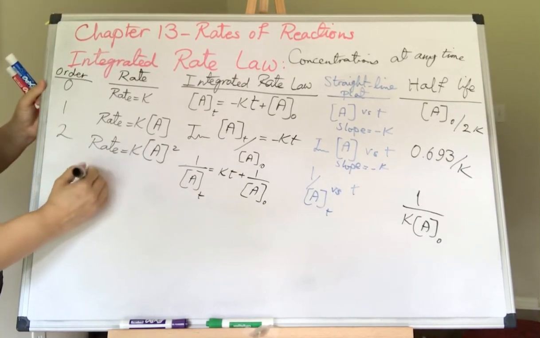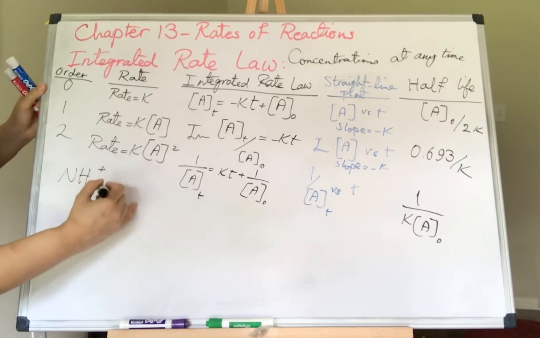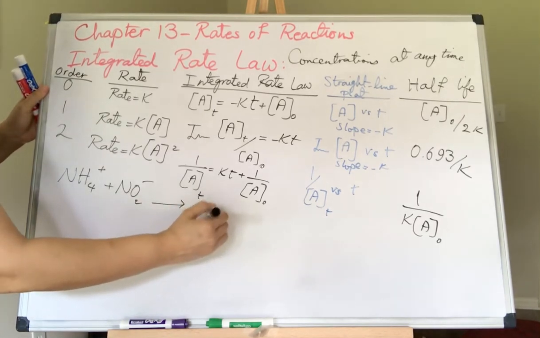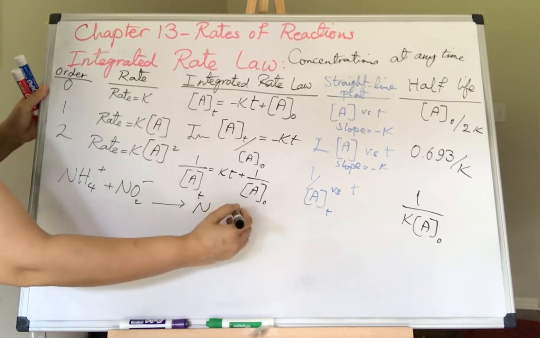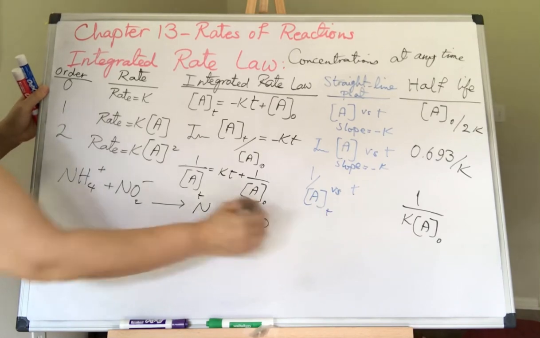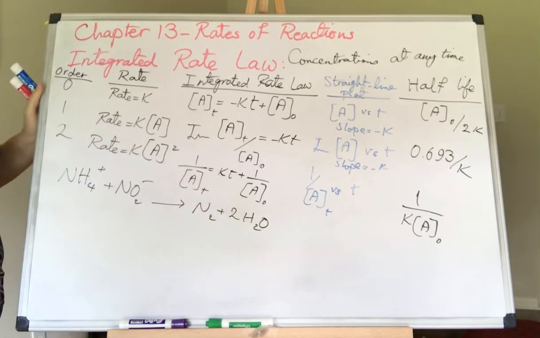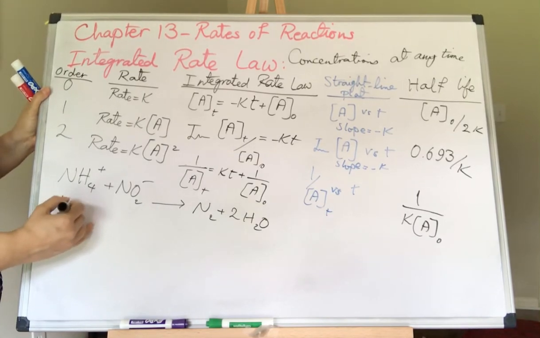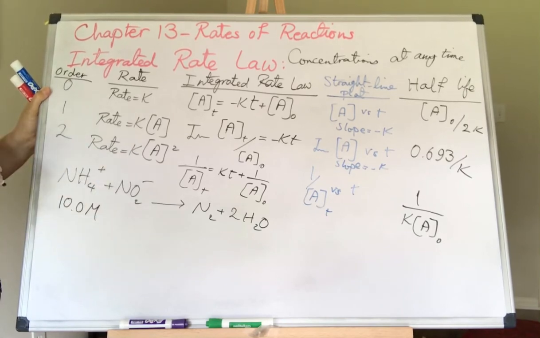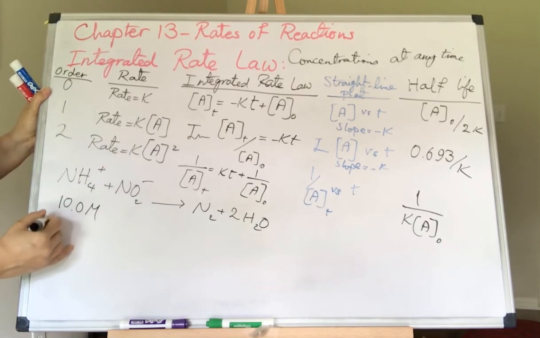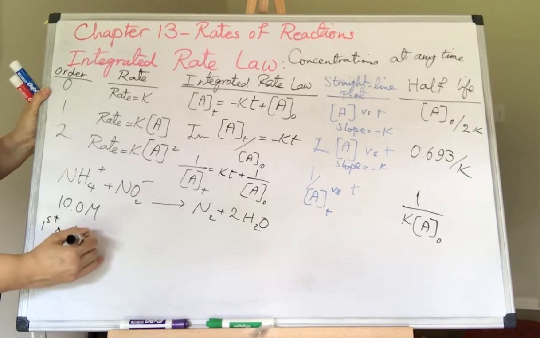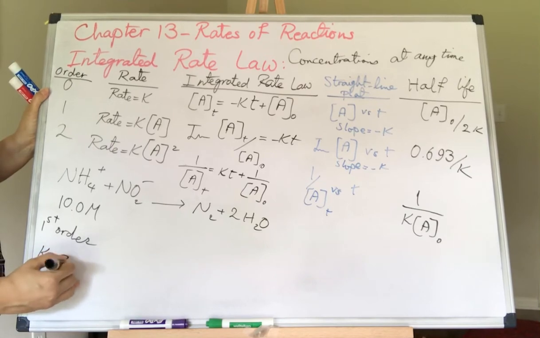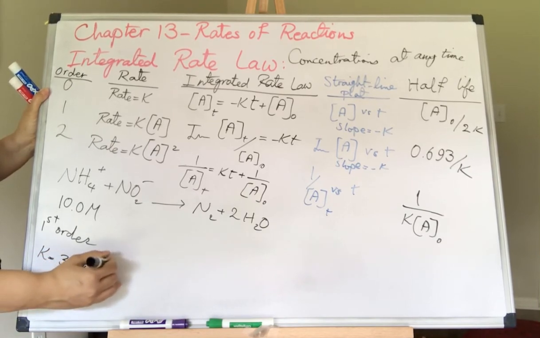This reaction is given: NH4+ plus NO2- gives N2 plus 2H2O. In a solution that is 10 molar in NH4+, the reaction is first order, and the rate constant at 25 degrees Celsius is 3 times 10 to the third per second.